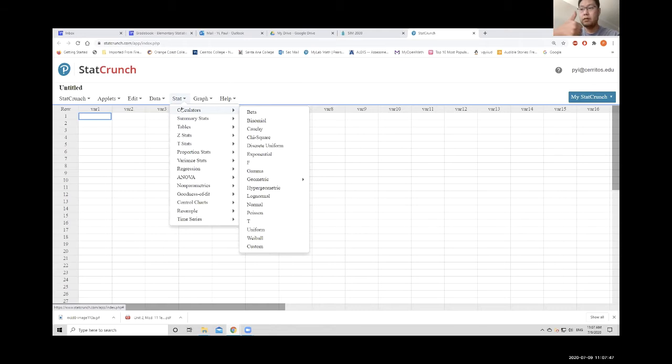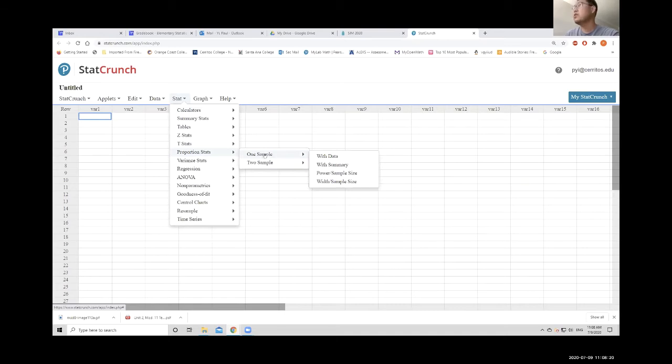Let me get a thumbs up. Good. Timothy, are we good? Okay, good. In this case we're going to go to Proportion, because we're dealing with proportions. One sample, we only have one sample, and with summary.